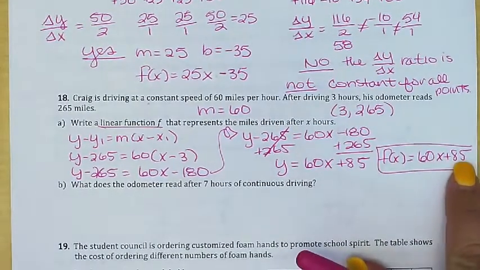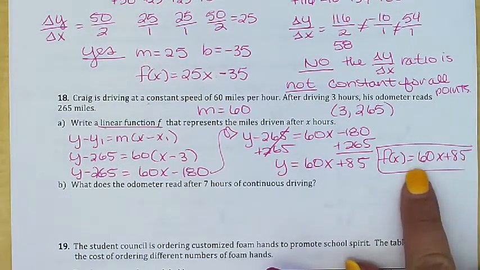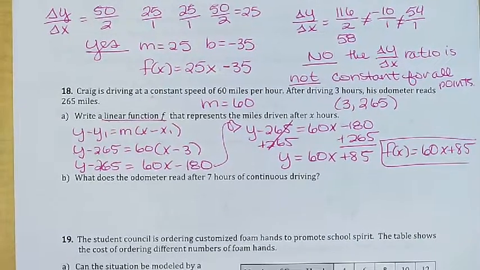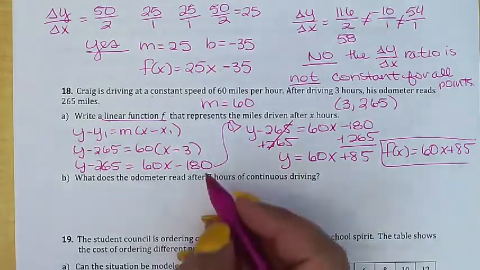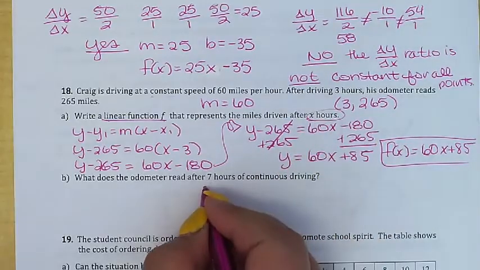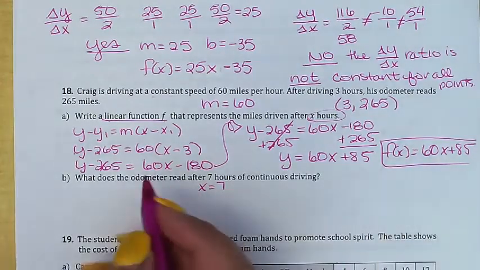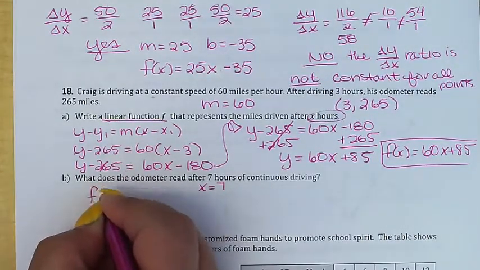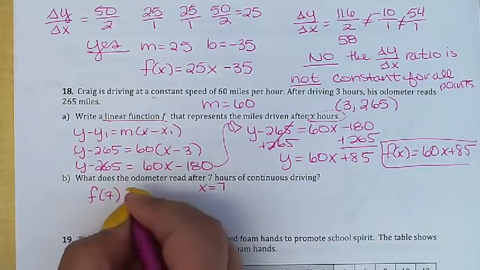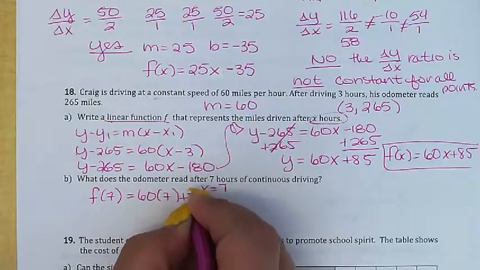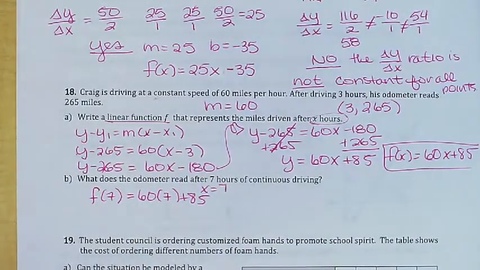Okay, apparently the odometer started with 85 miles on it, and we're going 60 miles an hour after that. So what is the odometer going to read after 7 hours? Well, remember, x was the hours, so by giving me that there's 7 hours, they've given me an x value. I already have a function to work off of. I can solve anything I want with that, right? I can just solve for f of 7 and just plug that into the function we just generated and see what we get.